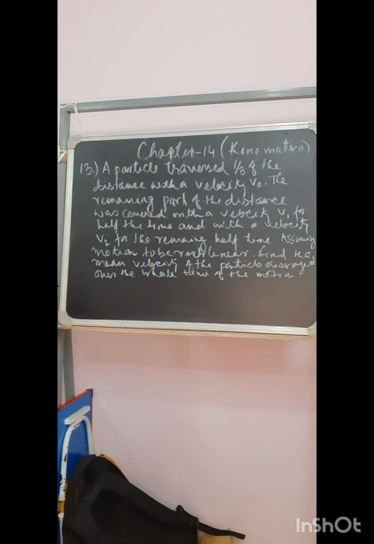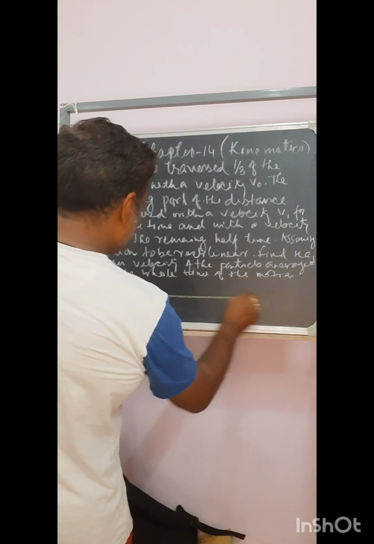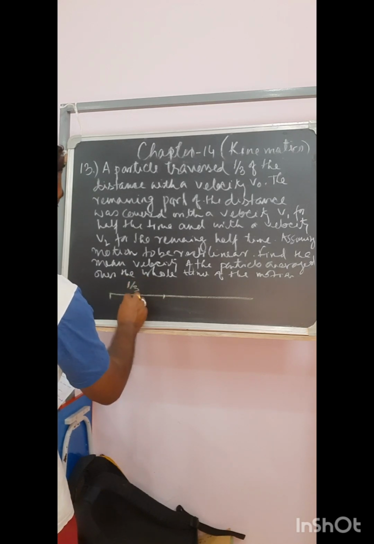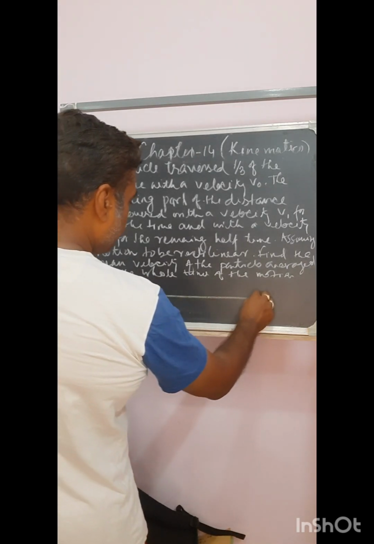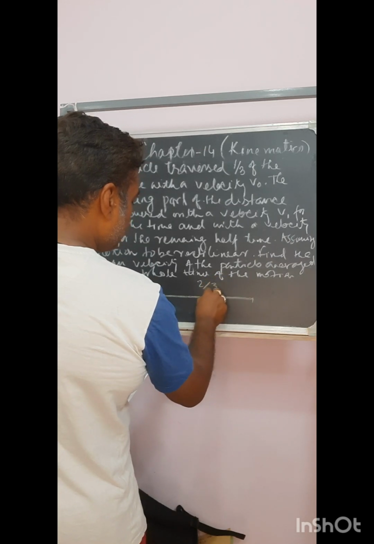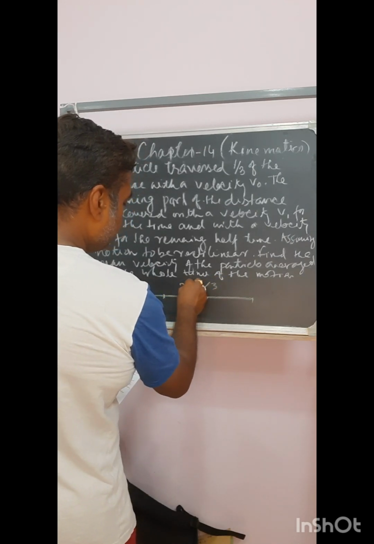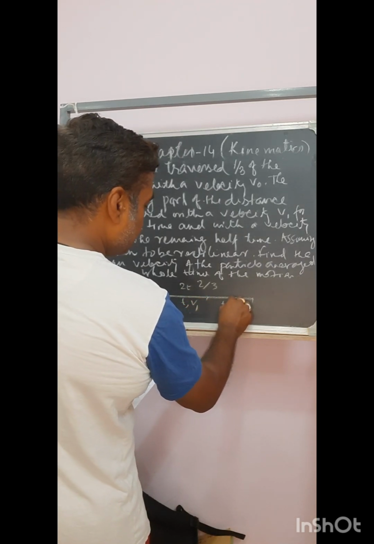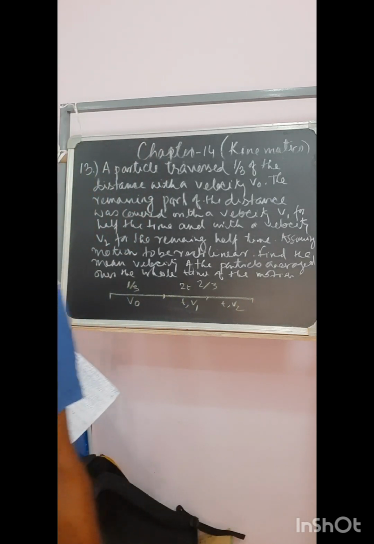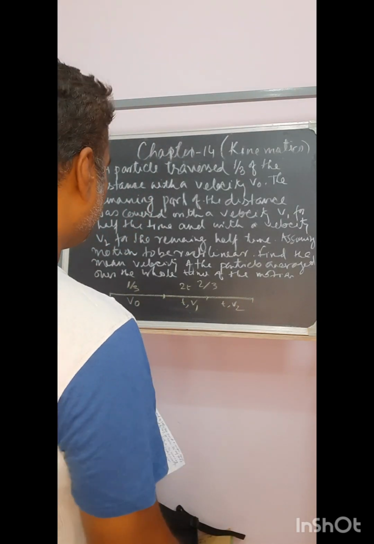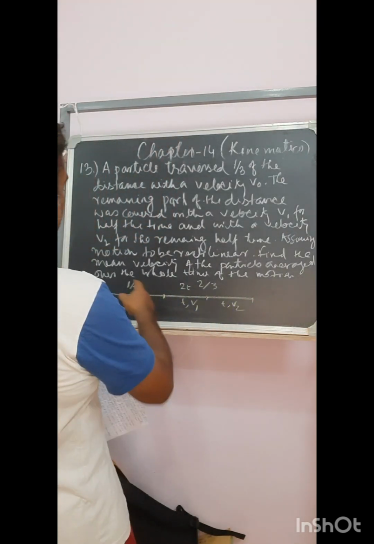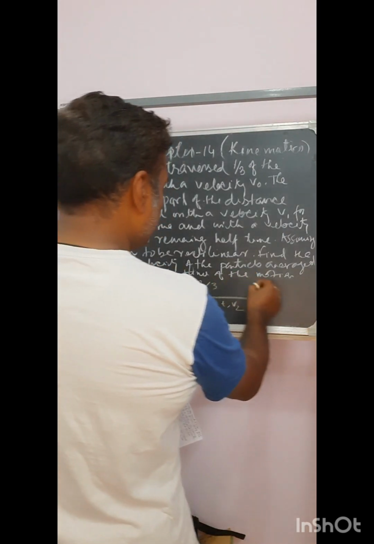So the particle is moving in a straight line. The initial one third of the distance is moved with the velocity v0. Then the remaining 2/3 takes time, let's say 2t. So the first t is moved with v1 and the second t with v2. So what is the mean velocity, or the average velocity?